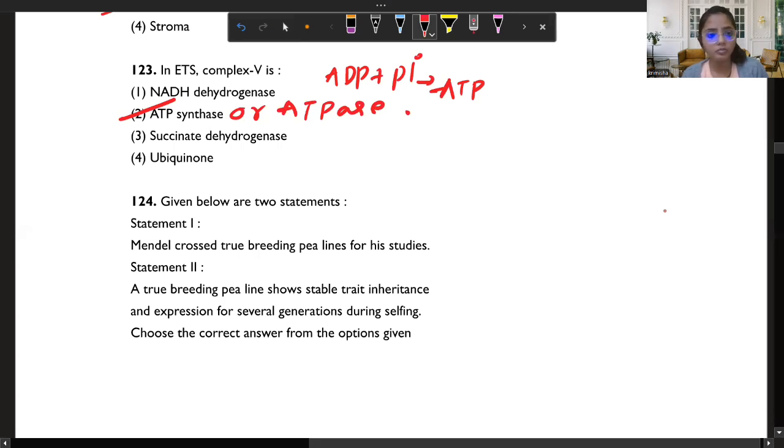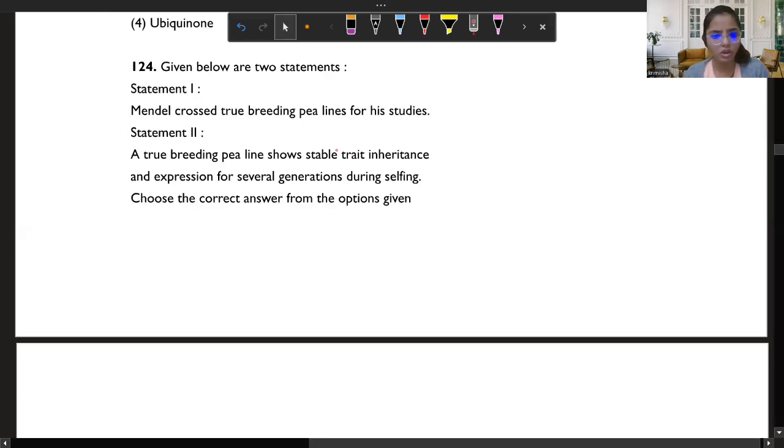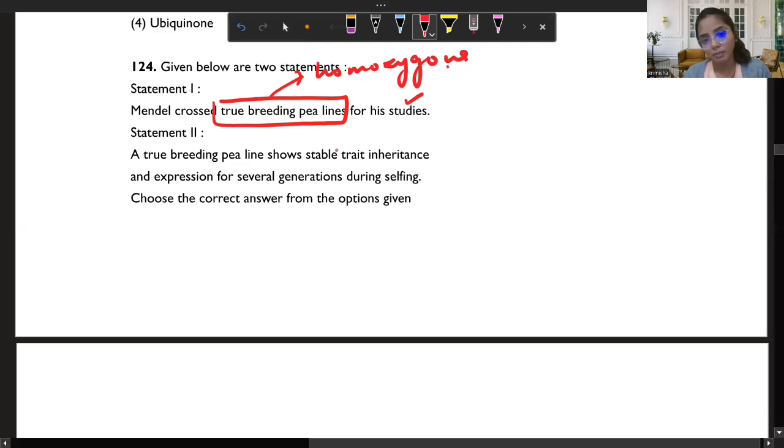Okay, let us see question 124. What is it saying? There are two statements. The first statement says Mendel crossed true breeding P lines. Yes, this is correct. True breeding P lines means homozygous pea plants.